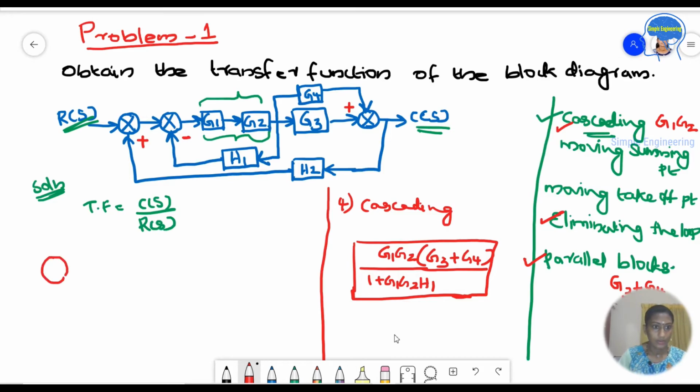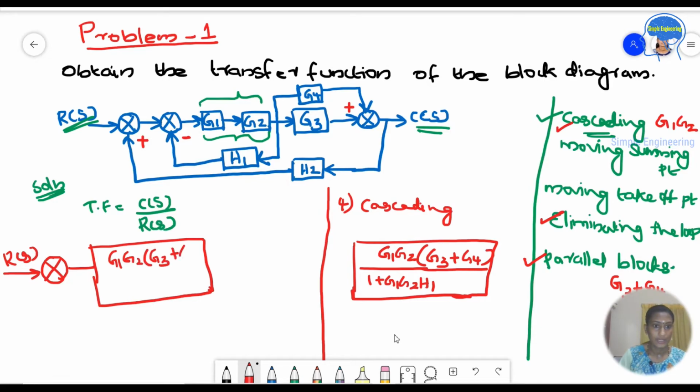here you have one summing point, and this is the input which you are giving, R of S. Here you have the block, that is G1 G2 into G3 plus G4, the whole divided by 1 plus G1 G2 H1, and here you have C of S, and here you have the H2 block.